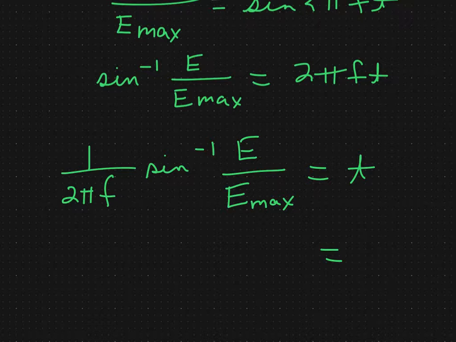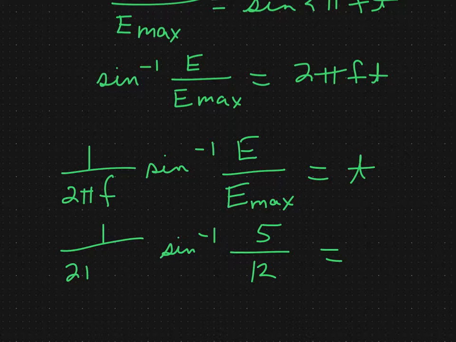Now if I go to part B, let's plug in the values that they give me. So they tell me that E max is 12. We are told that E is 5. So I'll have the sine inverse of 5/12. Over here I got 1 over 2 pi, and we are told that the f is 100.